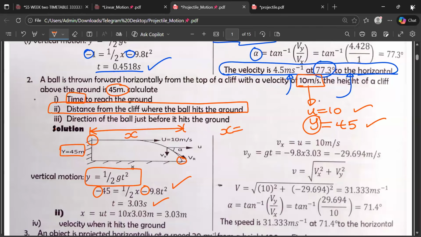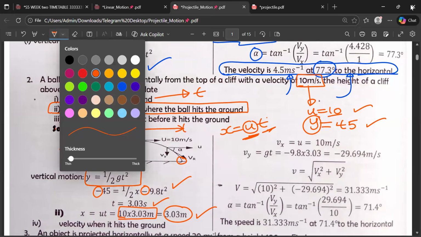You get x by saying u t, of which u has been provided in the question. It is 10. And then t, you have just obtained it in Roman 1. So you just get the two, multiply them and get the answer in meters. Why meters? This one is in meters per second, the time is in seconds. Very obvious. Is that really hard?